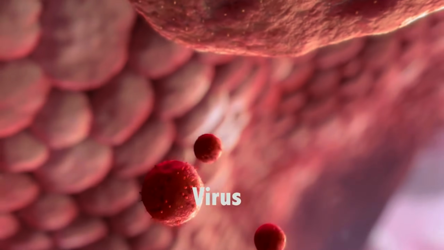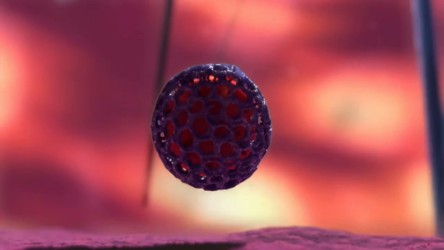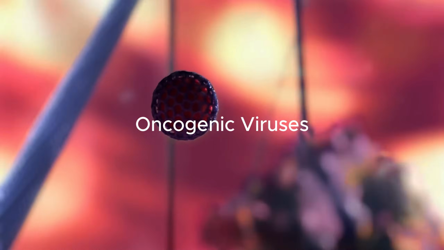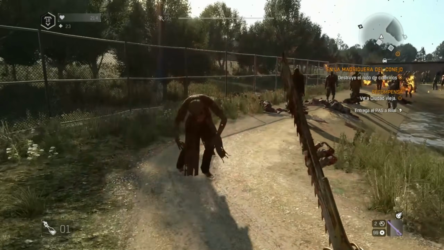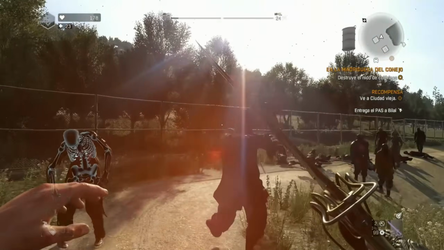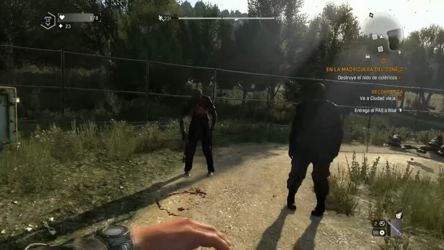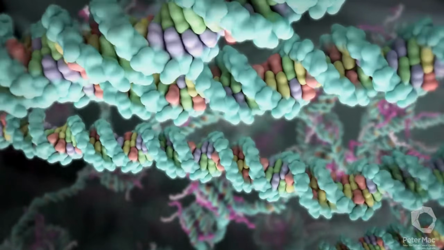Well, in real life, this most likely results in the development of different types of cancer, and the viruses responsible for this type of mutations are usually called oncogenic viruses. Oncogenic meaning cancer or tumor generator. In the case of Harran virus infection, this could explain the tumoral growth we can actually see in different types of infected. But beyond all of this, there is also the concept of epigenetics.